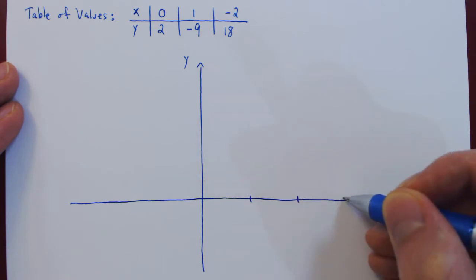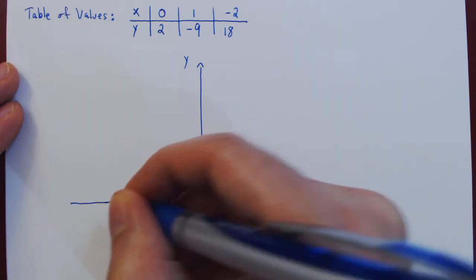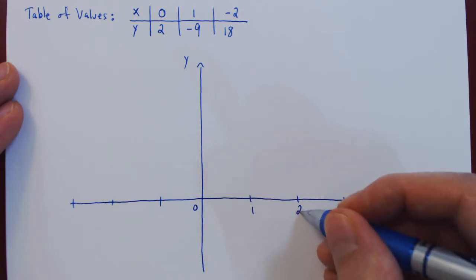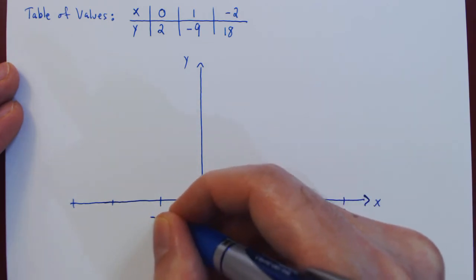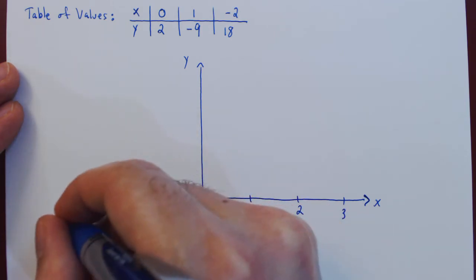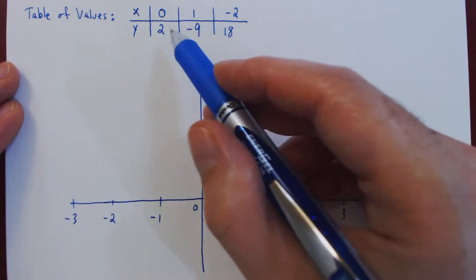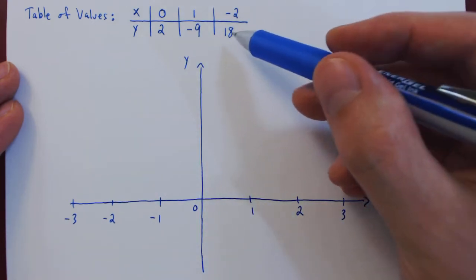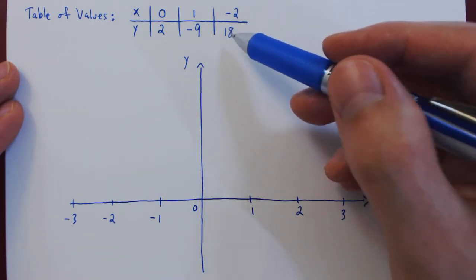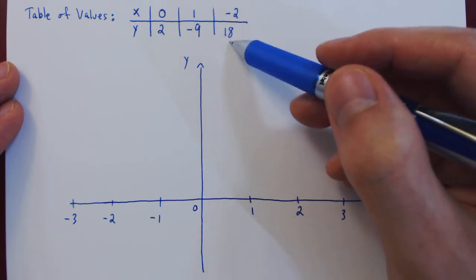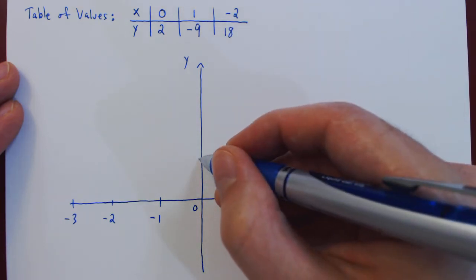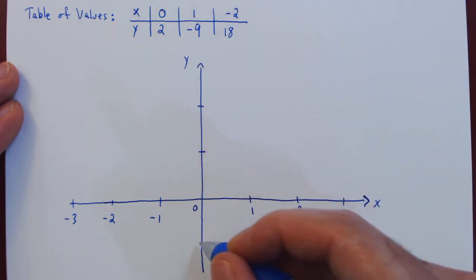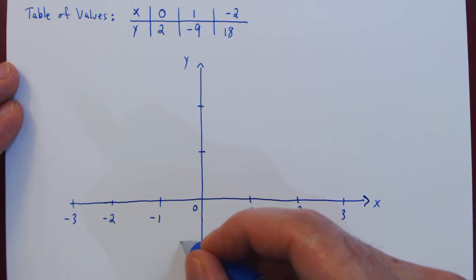So 1, 2, 3, negative 1, negative 2, negative 3. And along the y-axis, we have a much larger range of y values. So the larger one is 18, the smaller one is negative 9, so we will go here in steps of 9. So let's say this is positive 9, then positive 18, then negative 9.